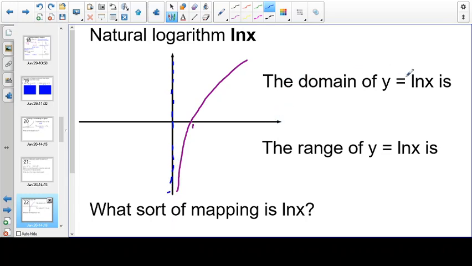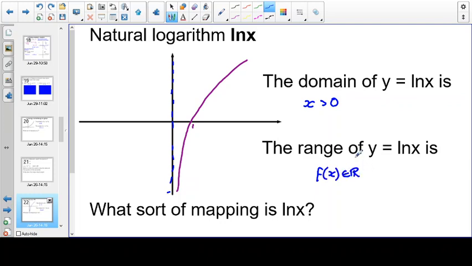The domain then of y, well, the domain is its possible x values. x can't be 0 or less, so x has got to be greater than 0. The range, however, this can just keep going up and up and up, and down and down and down, so the range of this can be anything.